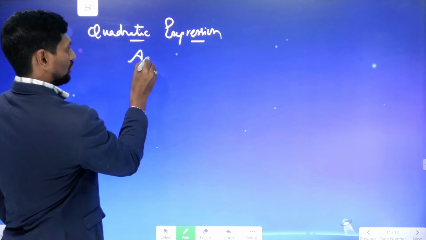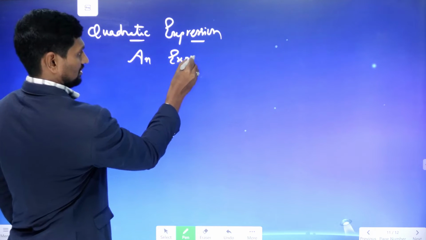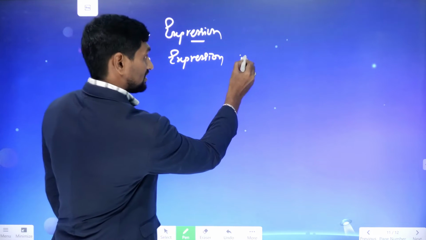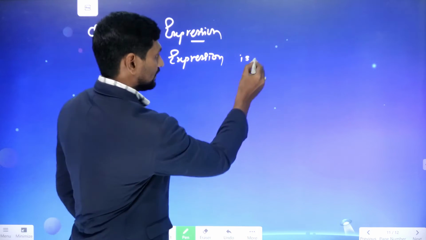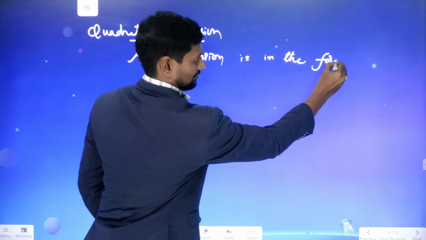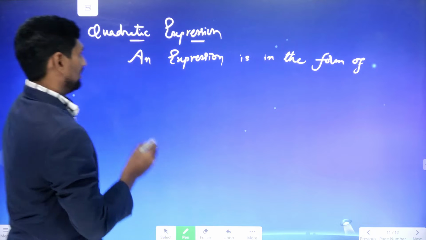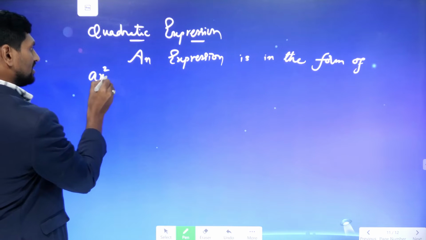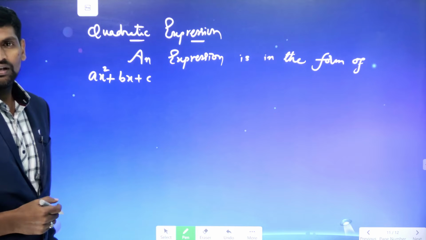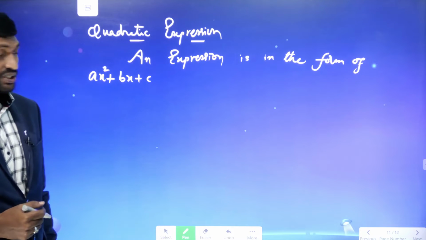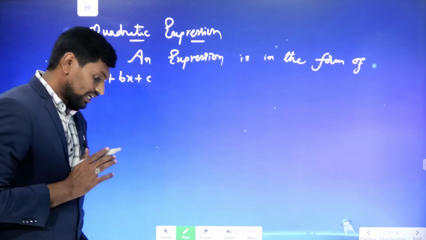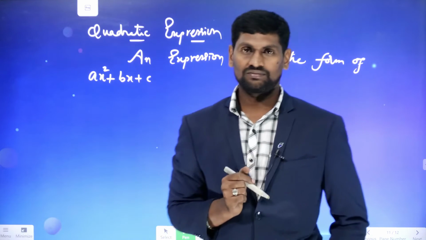An expression in the form of ax square plus bx plus c is called a quadratic expression.